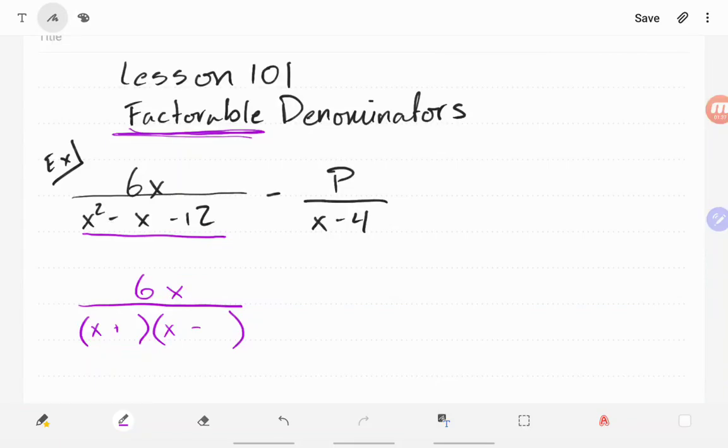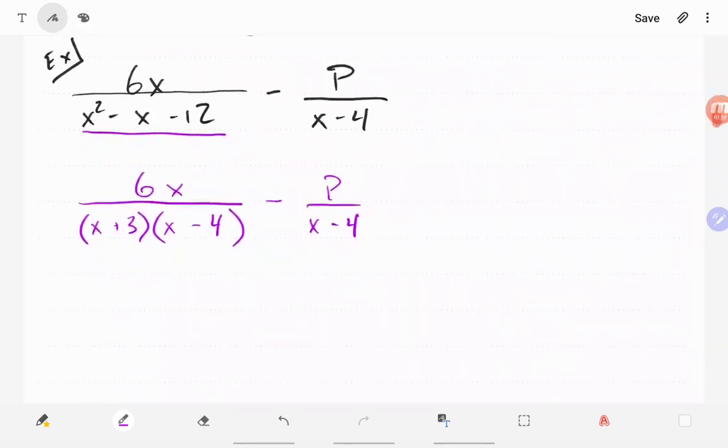So two values that multiply together to give me negative 12, then add together to give me negative 1. That's going to be negative 4 and positive 3. Right, so I've got 6x over x plus 3 times x minus 4, minus p over x minus 4. Right? So we've done the first step, and that first step was just to factor what we could.